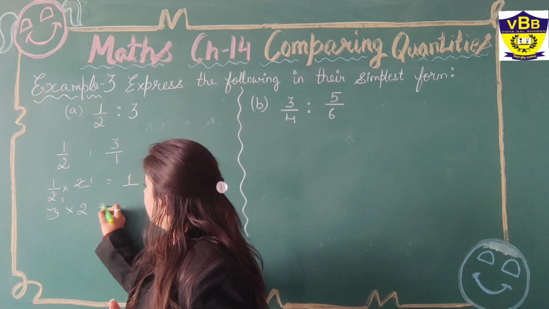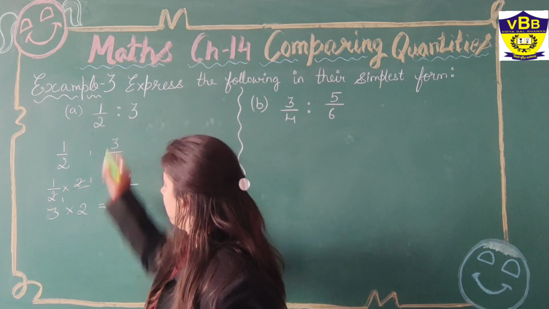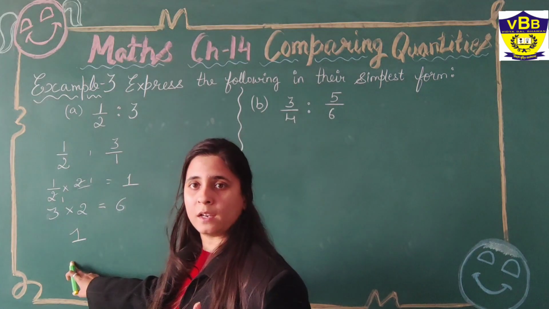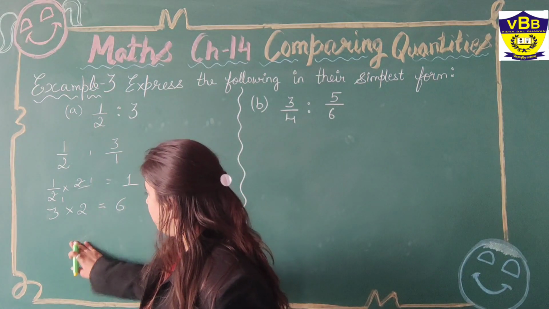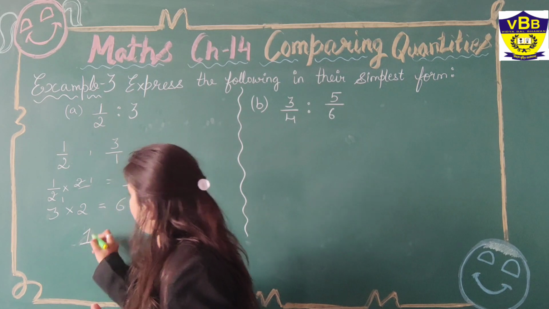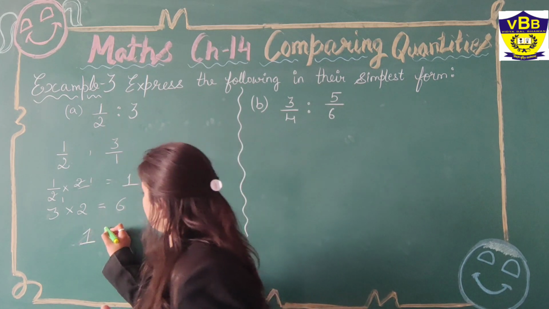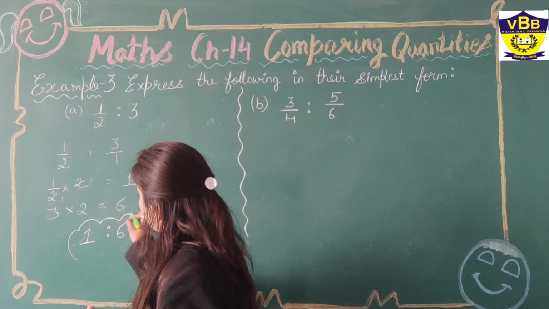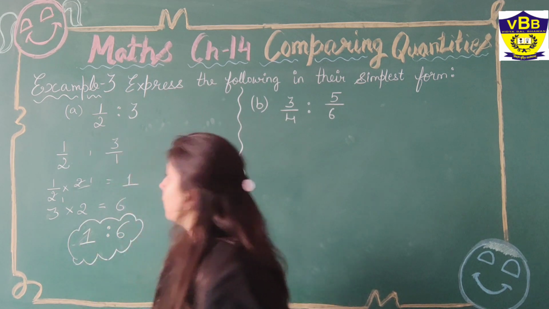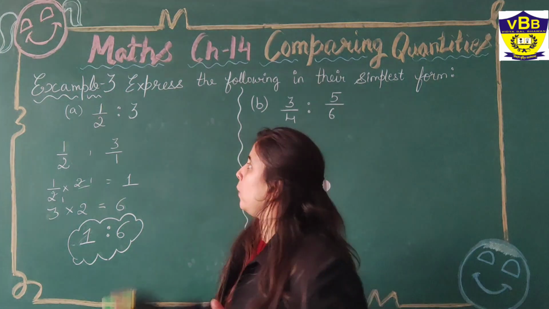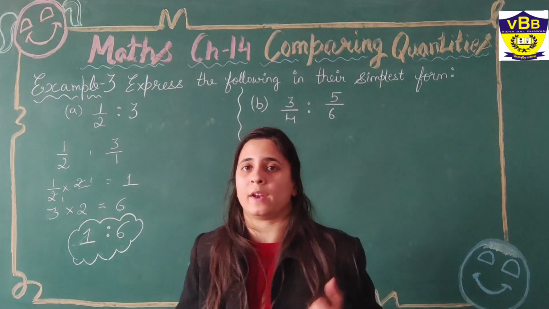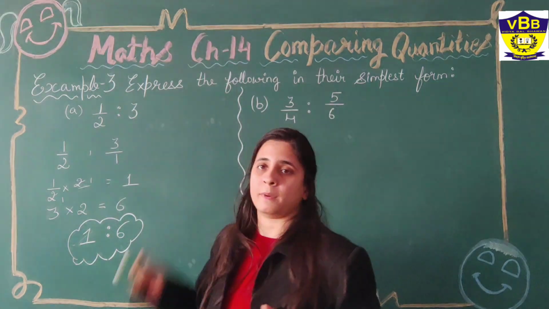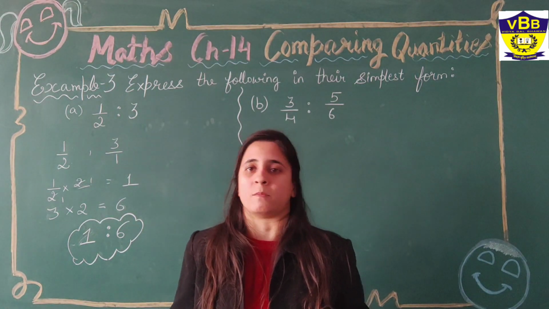It will become 6. Now, 1 by 2 will be in the form of 1. So it will become 1. And 3 into 2 becomes 6. So the ratio becomes 1 is to 6. Remember that when you are writing the numbers in the ratio, the number should not be in the fractional form.